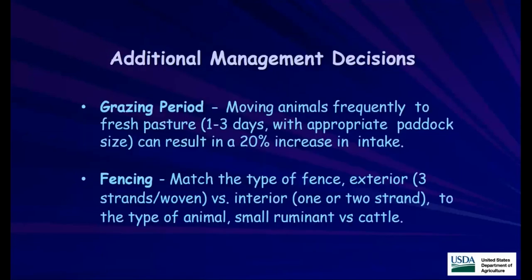Some other management decisions to think about in planning grazing is, normally we recommend a shorter grazing period of 1 to 3 days because it can help to increase the amount of grass that the animals can eat.